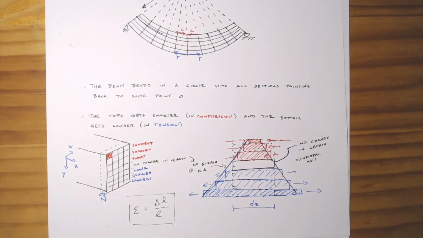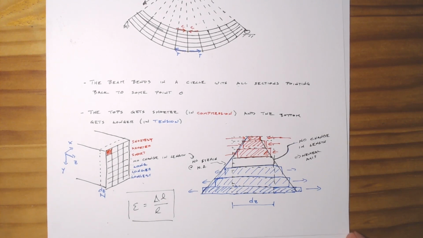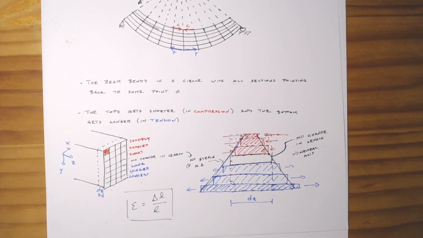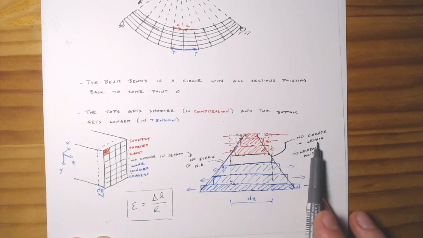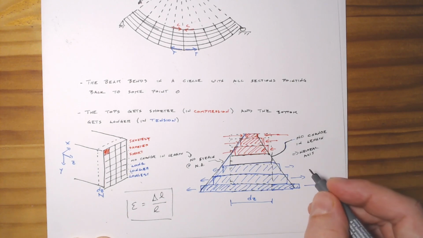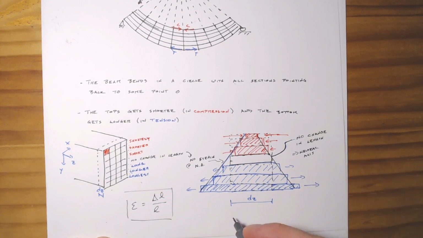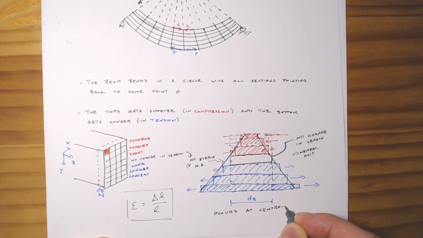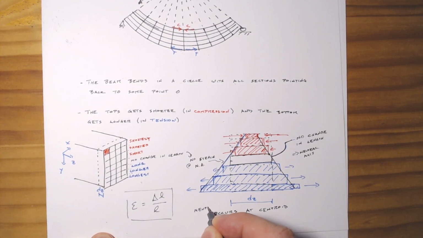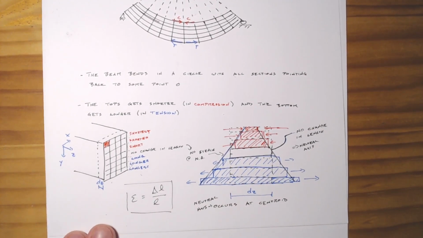And so this could be really useful. The other thing to keep in mind, and I'll just state it, is that this special point, the neutral axis, where there's no change in length, occurs at the centroid.